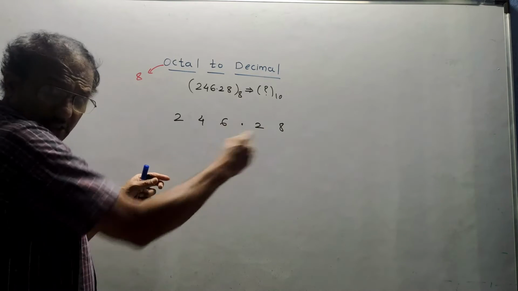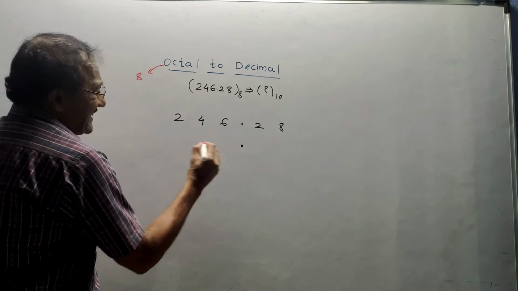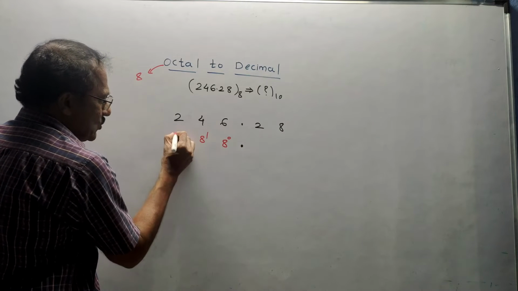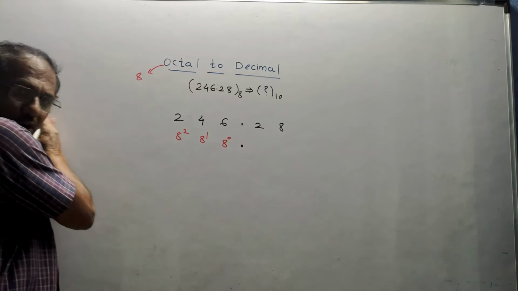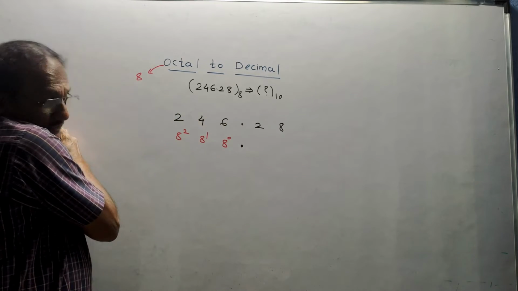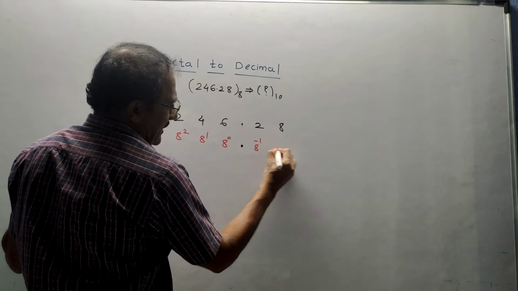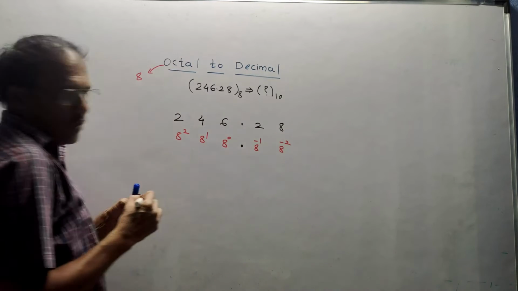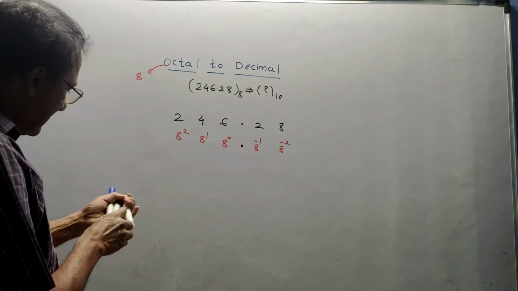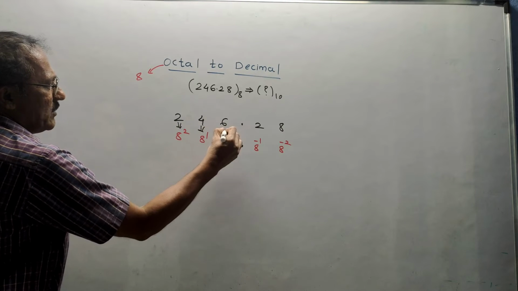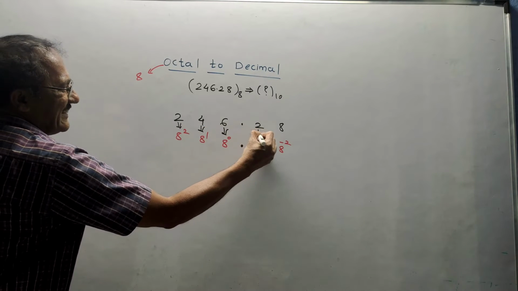Now similar to the case of binary, since the base is 8, I will multiply this number by 8 raised to 0, next is 8 raised to 1, next is 8 raised to 2 and so on on the left hand side. Then on the right hand side after the decimal point, this is 8 raised to minus 1, 8 raised to minus 2 and so on. The procedure is exactly similar.